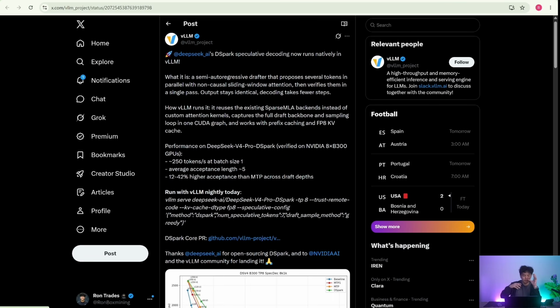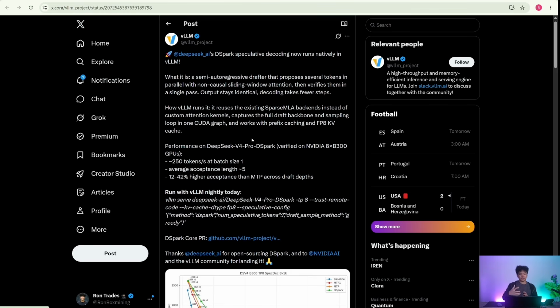And thirdly, the open source inference community is responding with speculative decoding tools like dSpark, dFlash, and others that make these models faster and cheaper to run. So the moat, what we're seeing here, the moat is shifting from who has the best model to who has the fastest, most integrated stack.